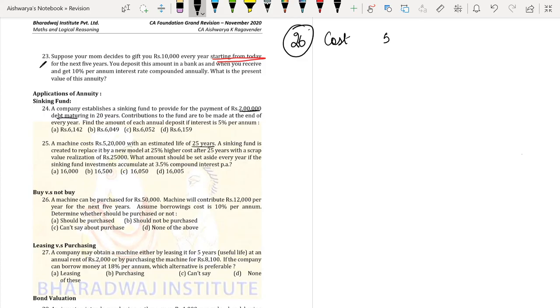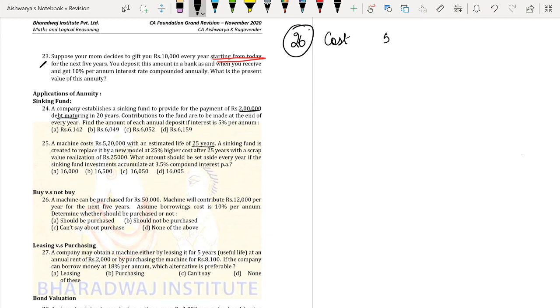Now for the next 5 years, you will be earning 12,000 every year from this machine. Now the borrowing cost is 10%. You want to know whether you want to purchase this machine or not. So when will you purchase?